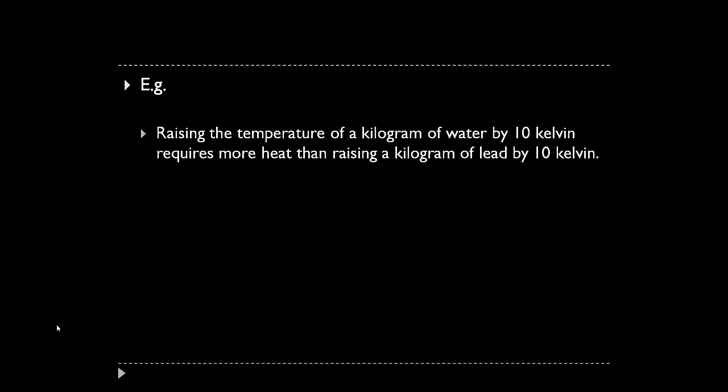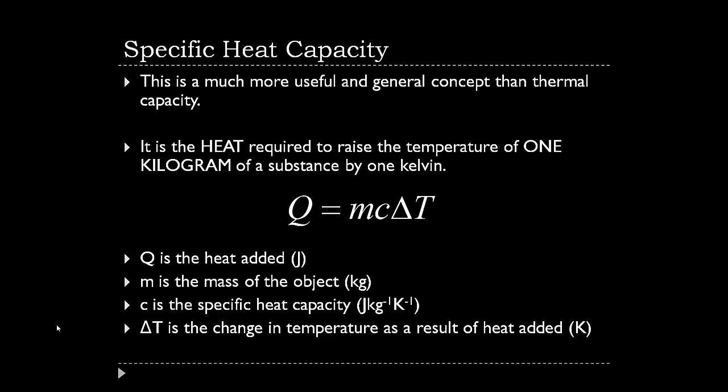So, in fact, let's go back to the example of the iron. The 100 kilograms of iron and the 0.01 kilograms of iron have the same specific heat capacity. However, as we can see here, the amount of heat that we need to add for the 100 kilograms of iron is going to be larger because m also features in this equation.